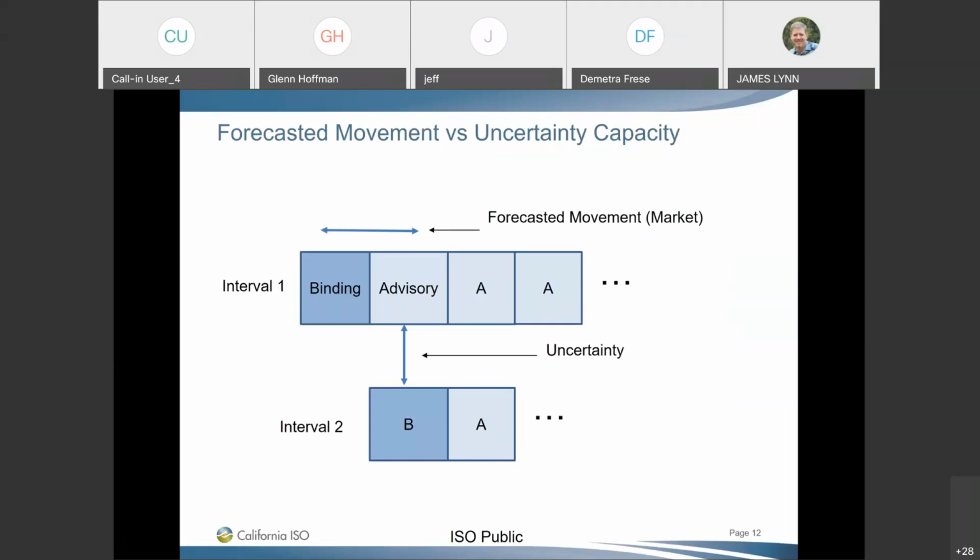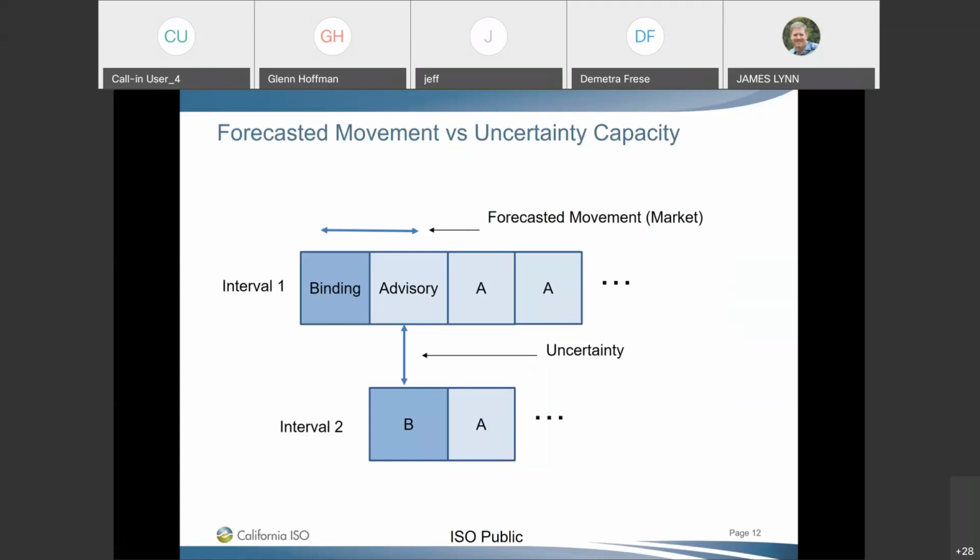So at that point, I'm going to look to see what was the binding interval megawatts, let's say 100, and the first advisory interval. Well, based on your ramping, I'm going to say it went to 115. Well, now you have 15 megawatts of forecasted movement.